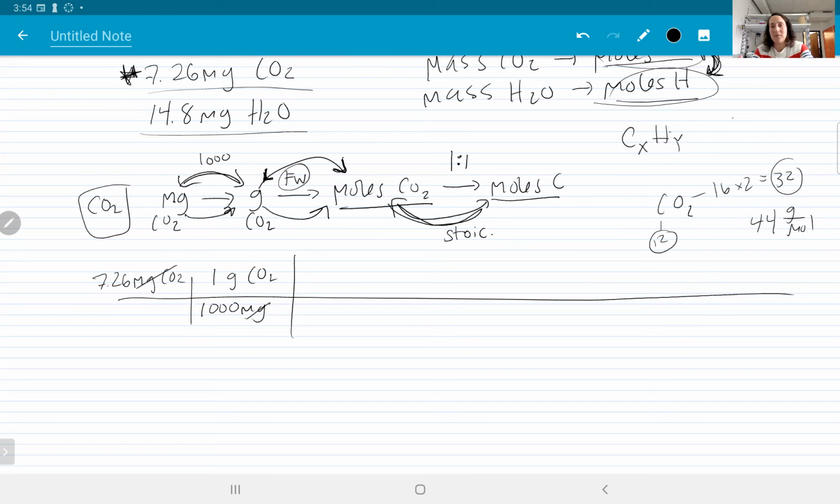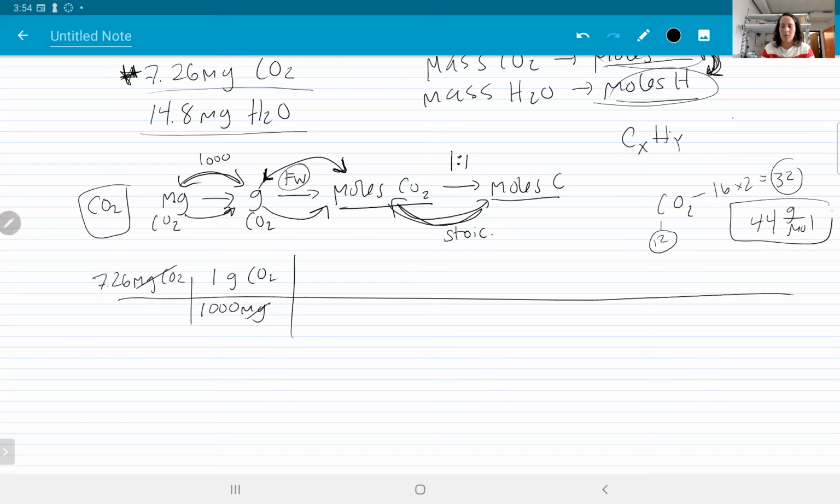I don't expect you to be able to do that as quickly as I did. I've been doing this for a while. I'm also a biochemist, and we work a lot with carbon, oxygen, nitrogen, hydrogen, sulfur, phosphorus, so I tend to know all the molecular weights of those compounds. But that's where your LOA cheat sheet comes into play, right? It's got the periodic table. You find the mass of carbon, the mass of oxygen, and you can solve for it that way.